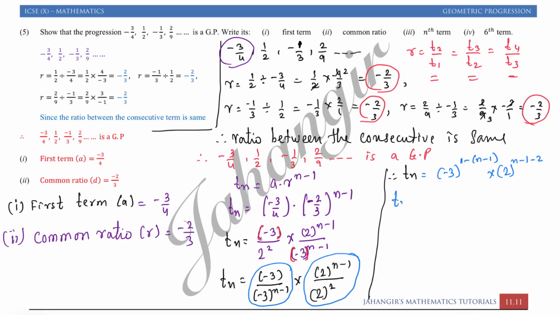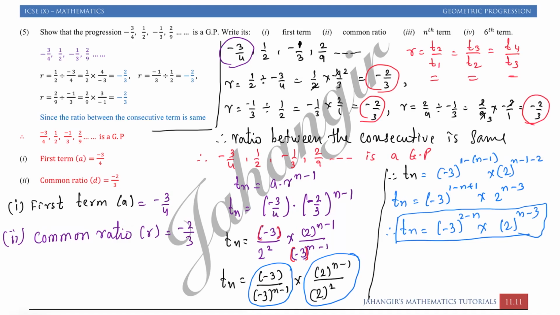So Tn can be written as minus 3 raised to 1 minus n plus 1, into 2 raised to n minus 3. So finally Tn I can write as minus 3 raised to 2 minus n, into 2 raised to n minus 3. This is the simplified form.